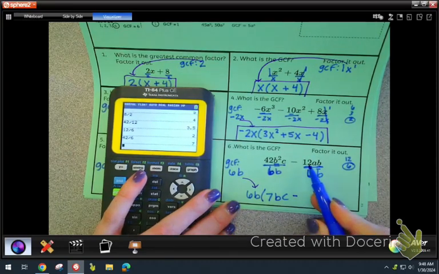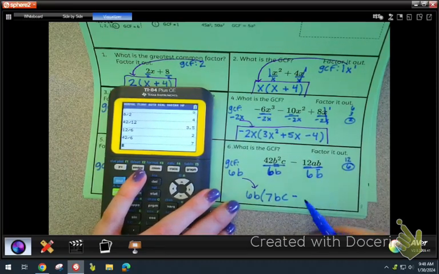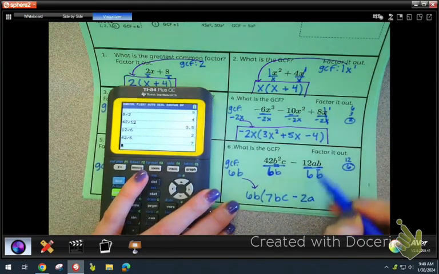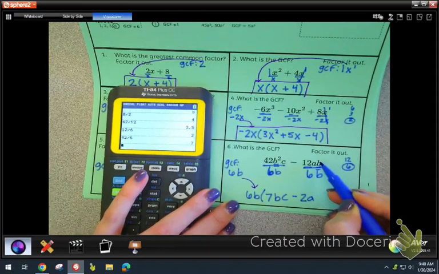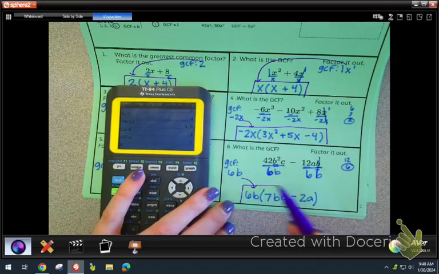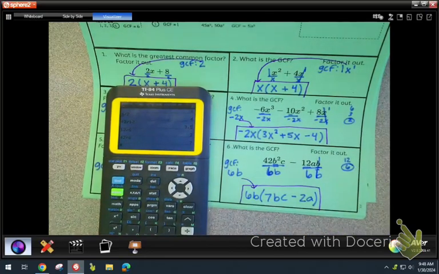Isa, 12 divided by 6? 2. A just drops. What happens with your B's? They cancel out. They simplify to 1 for all the powers that be.